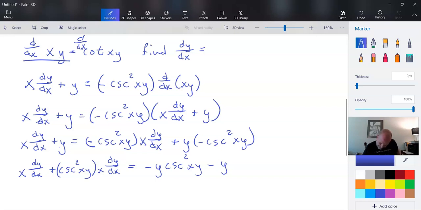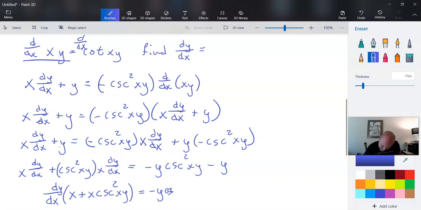I'm running out of room real fast here. So if I pull the dy dx out of both terms here, it would be x plus x cosecant squared xy equals negative y times cosecant squared xy minus y.